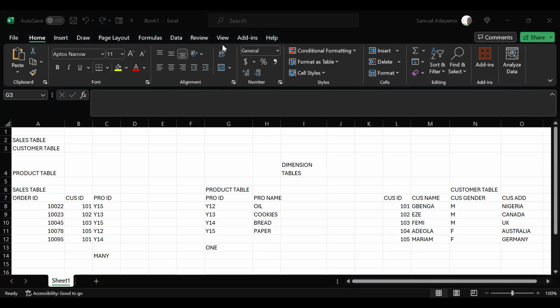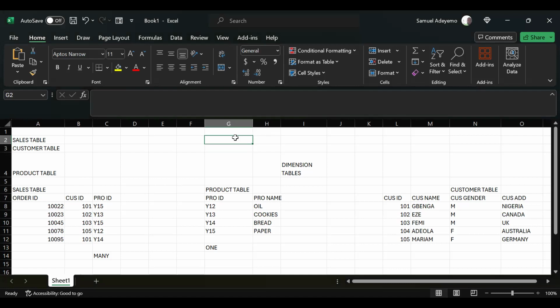That is not a one-to-one relationship, because in the dim product table you could have three products all in the same category. That column allows duplicates.